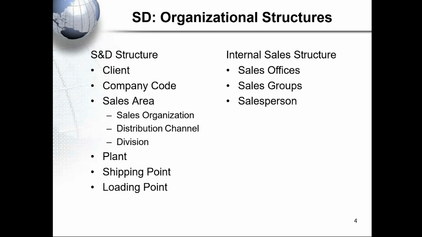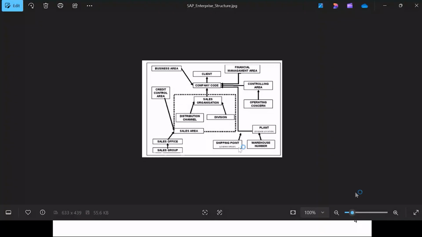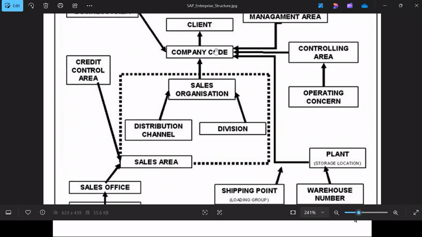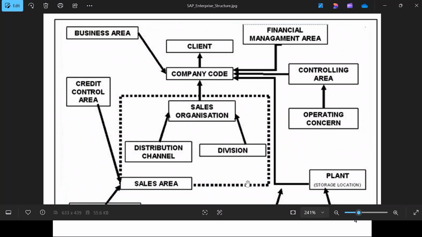Like the Tata Group of Companies has Tata Chroma, Tata Motors, TCS. Godrej also has Godrej Properties, Godrej Interio, like that. That is called a company code. So we are connected to the company code. Now this is the structure.